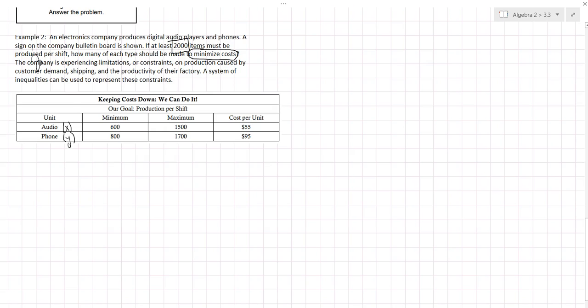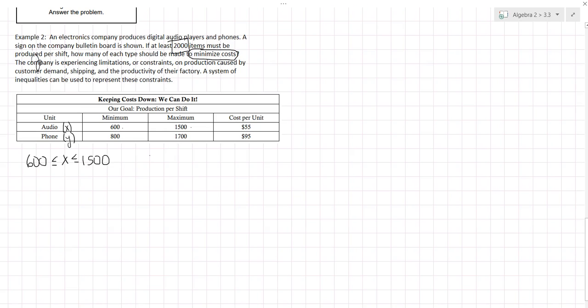Okay, so the next step is to write a system of inequalities. So it says the audio minimum is 600 and the maximum is 1500. So there's two ways you could write that. I like writing it as the audio is between 600 and 1500.